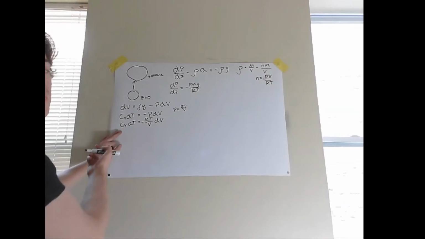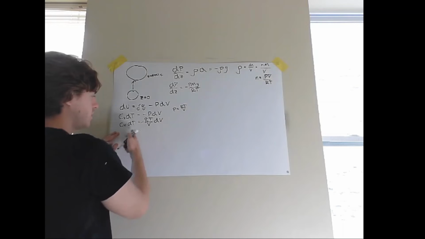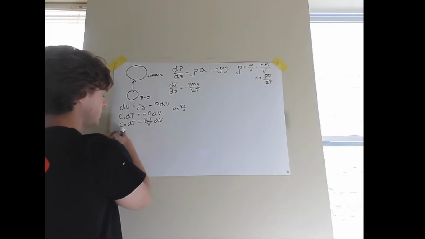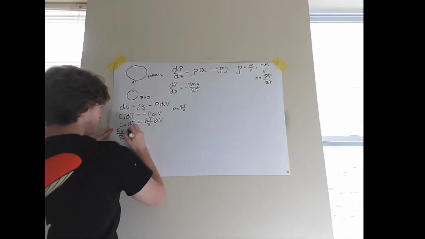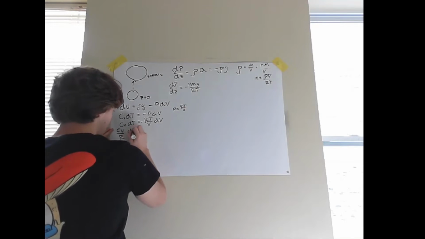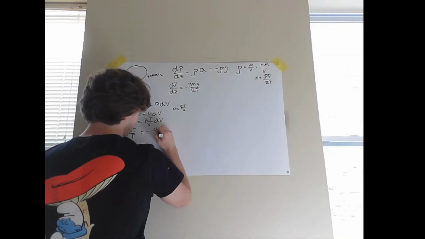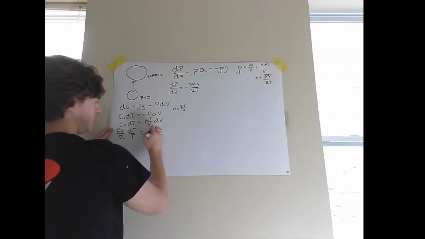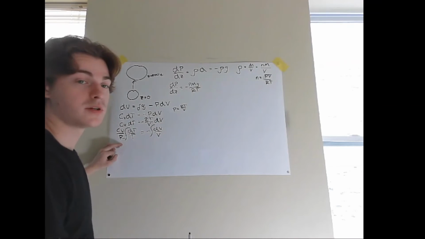And now from here, we can separate our variables and integrate. So I'm going to divide R and T over to the left side of the equation, which leaves us with CV over R times dT over T equals negative dV over V. From here, we can integrate both sides and then set our bounds of integration.